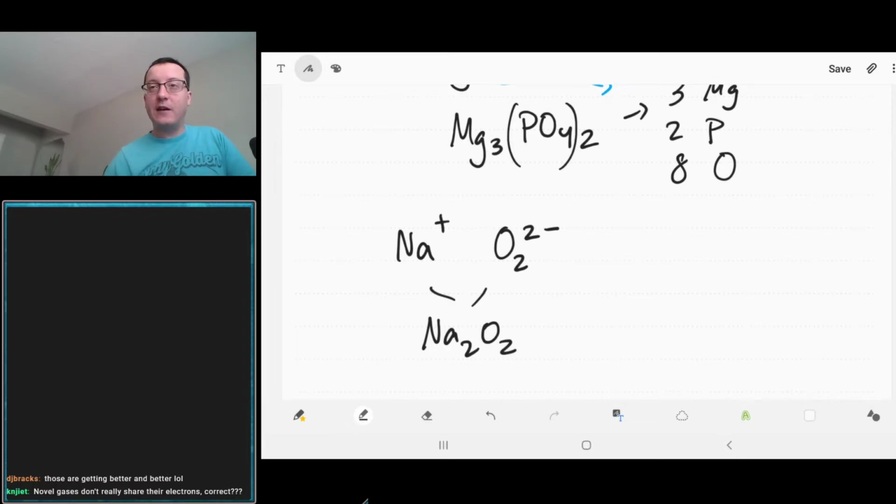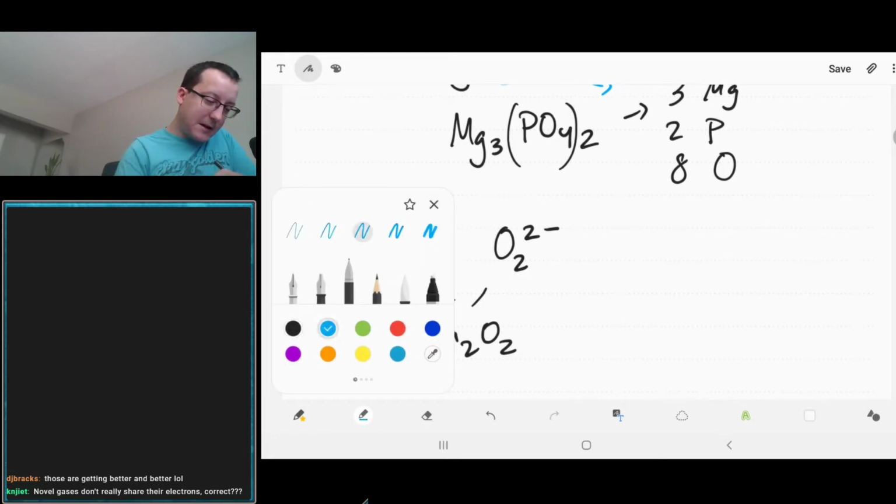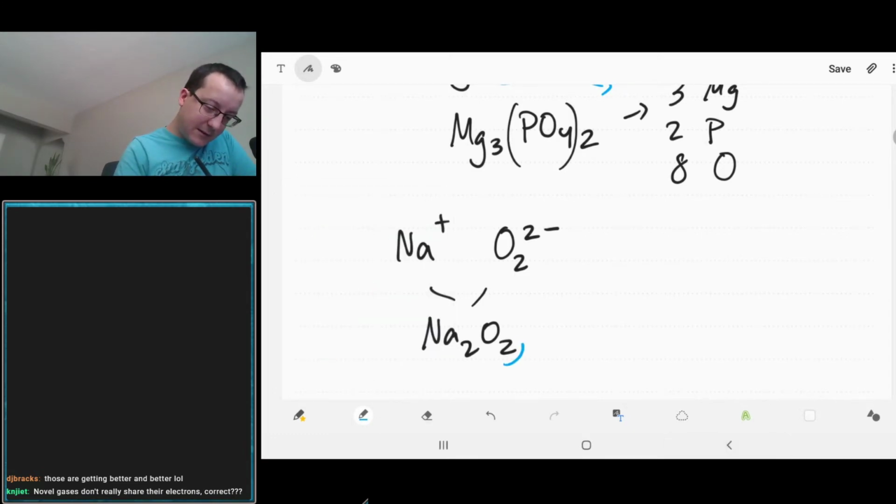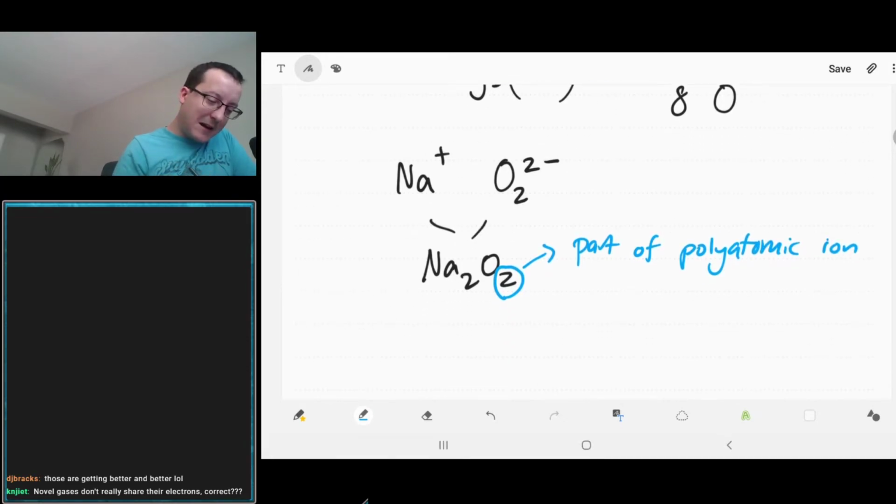One thing that's very, very important to note is that this 2 is part of the polyatomic ion, whereas this 2 is from charge balancing.